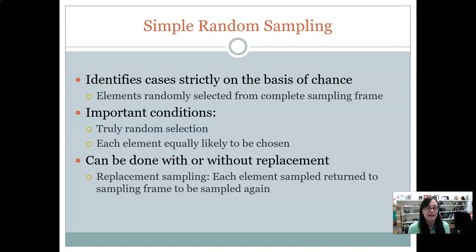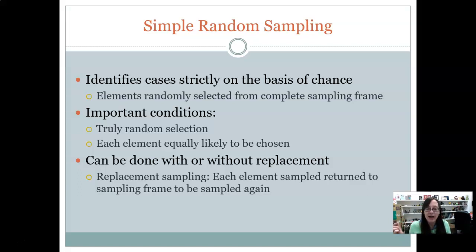The reason is that it allows the probability of being sampled for every element in that sampling frame to stay the same. Otherwise, if you take out from your sample as you're sampling and you don't replace them, then the probability changes. It goes up a little bit with each element that's taken out.